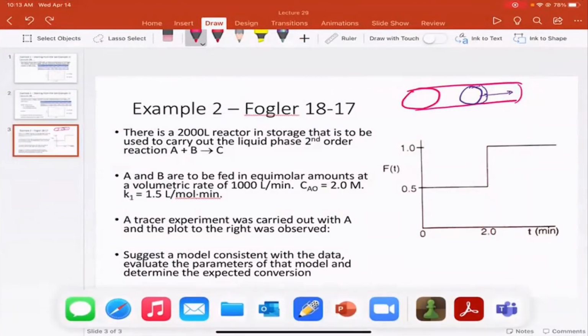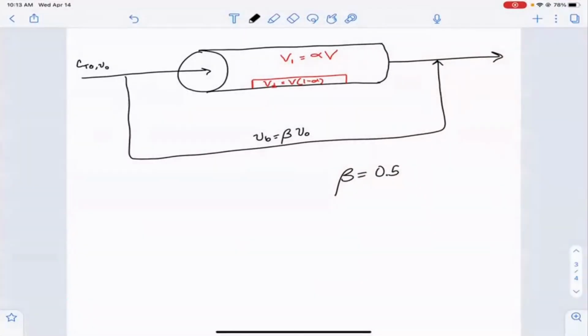So how do we relate the residence time to the alpha value? We know that the residence time is going to equal V1 over V1 dot, where that's the volumetric flow rate that doesn't go through the bypass.